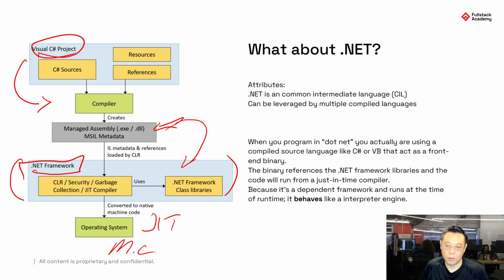So it actually is a combination of both. And that's why you see many developers have arguments over .NET ease of use and flexibility versus native compiling to machine code.